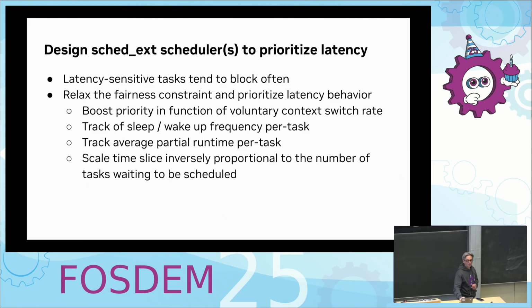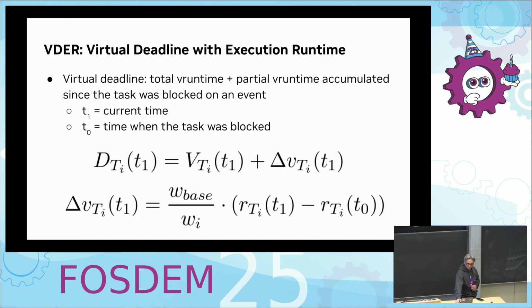And if you have a lot of tasks running in the system, it might be a good idea also to scale the time slice that you assign to each task in a way inversely proportional to the amount of tasks running in the system. According to our experiments, these strategies seem to work really well for gaming. So this is an idea that we came up with. It's just an example. We tested.